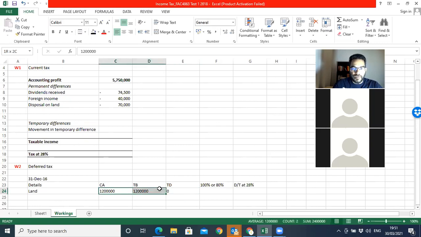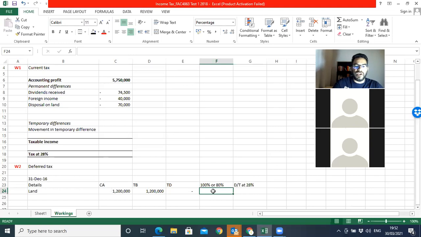Okay. This is going to be a percentage. This is going to be 0 because there's no temporary difference, so I'm just going to leave this blank. I'm going to leave this one blank because there's nothing.